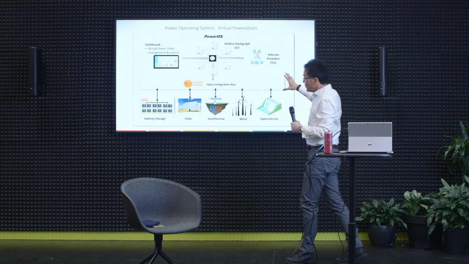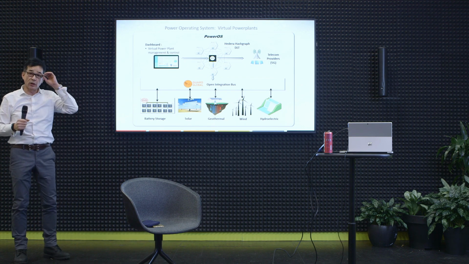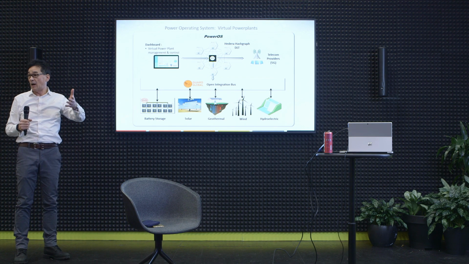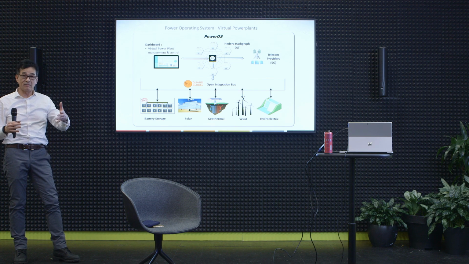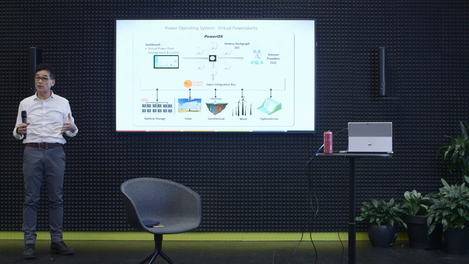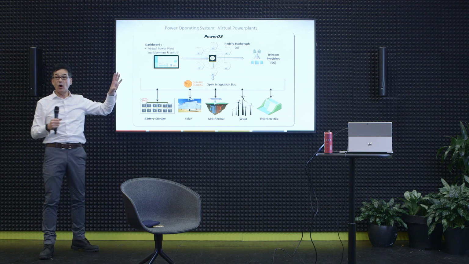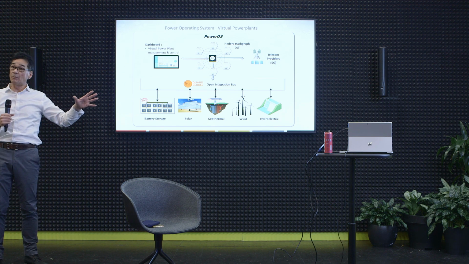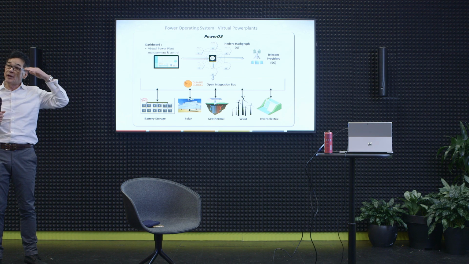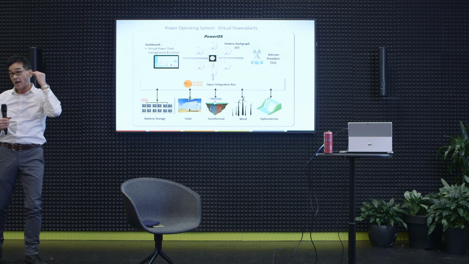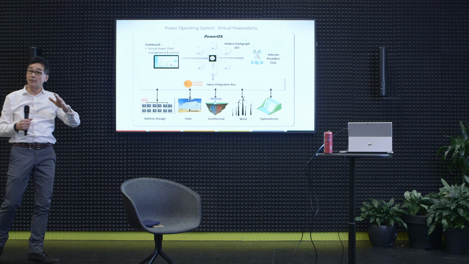This is another view of something we're doing, which is on a slightly bigger scale. In England, there's a lot of wind farms and solar farms, and quite often some of these installations actually have to turn themselves off because the grid can't deal with it. So what we're going to do is create this power operating system, or virtual power plants, which can take energy and store it from the outside, so that all of these renewable energy farms can operate on a continual, steady basis, just like the power stations can.